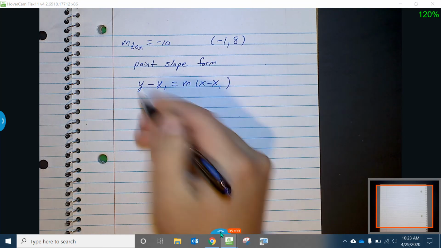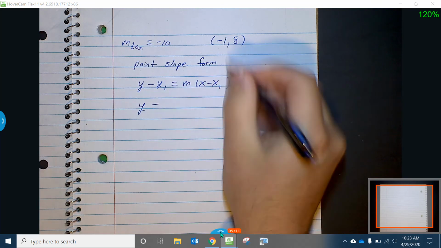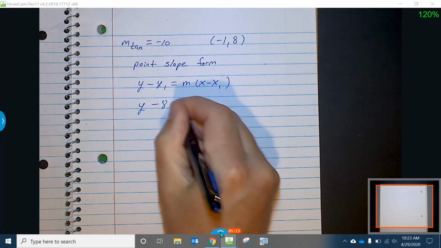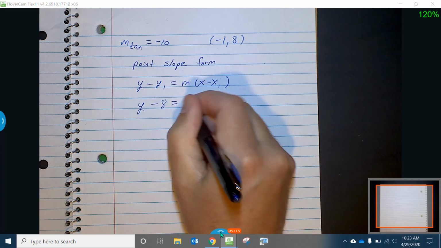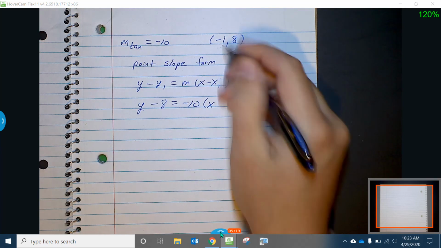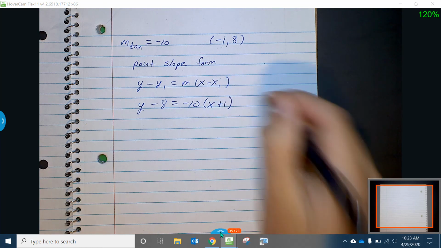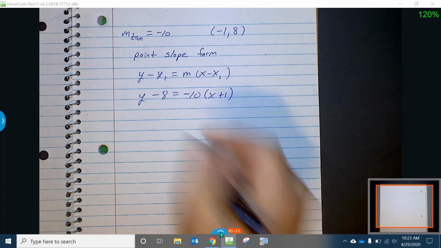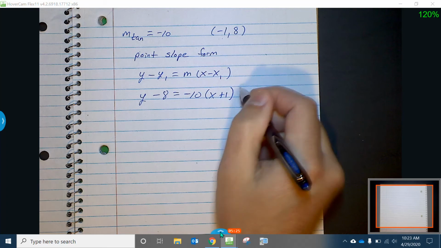So we would do y minus 8 equals the m tan, negative 10, times x minus a negative 1, which is a plus 1. Okay. So for me, this would be an acceptable answer.